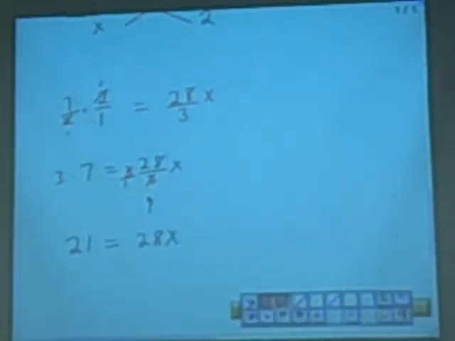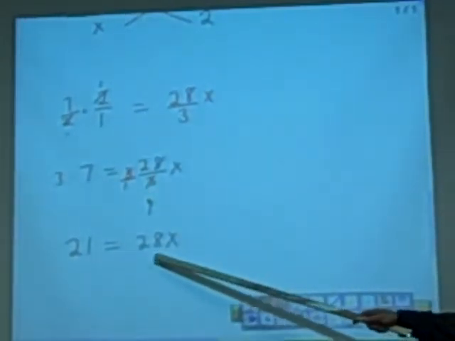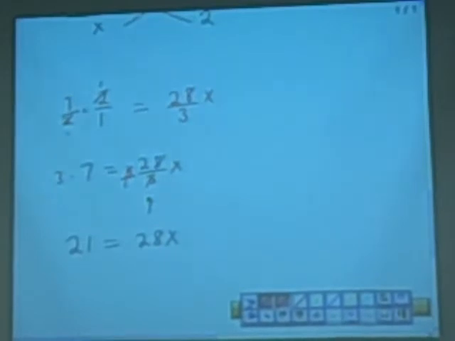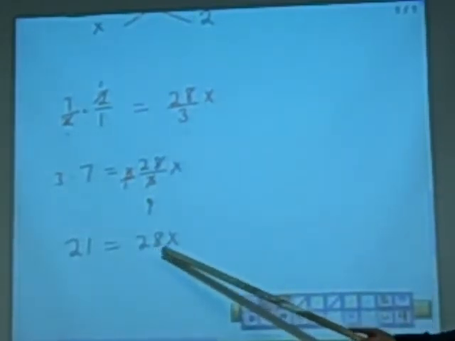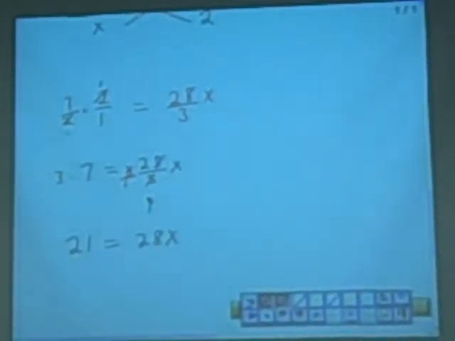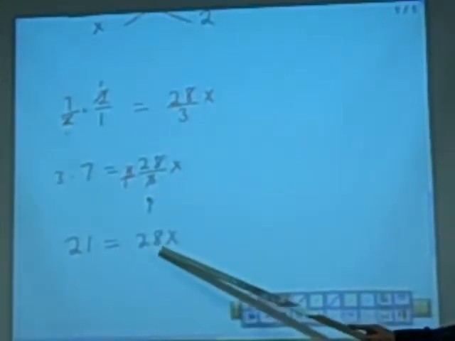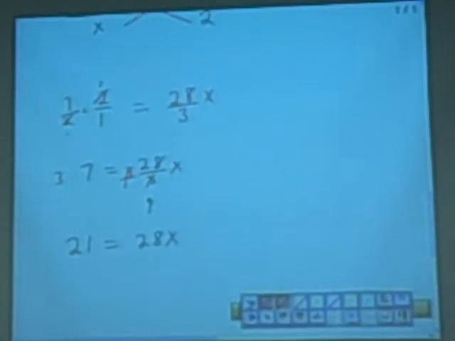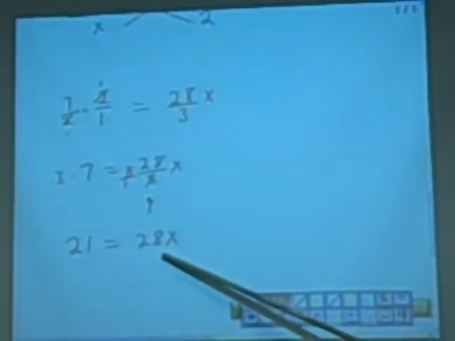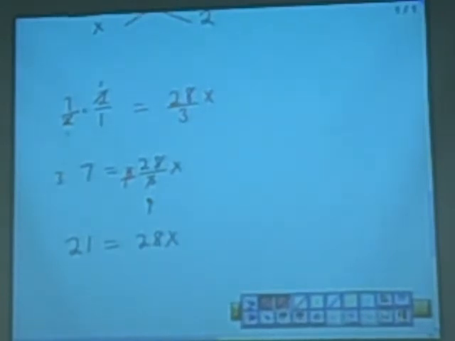We're trying to get that x by itself, so we have to get rid of that 28 somehow. What operation is that 28 doing in relation to the x? Is it adding, subtracting, multiplying, or dividing? It's multiplying, right.